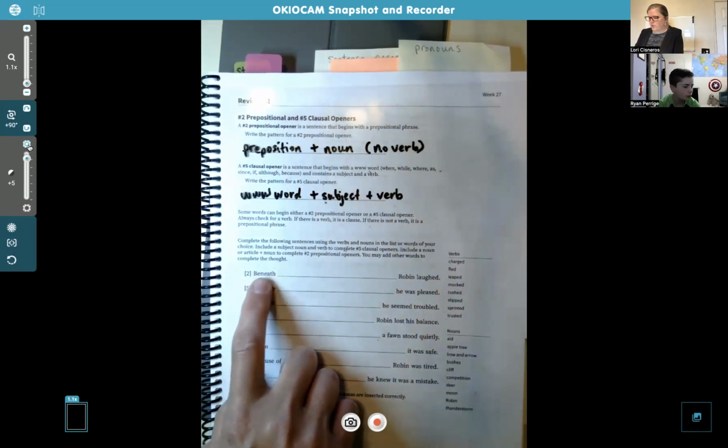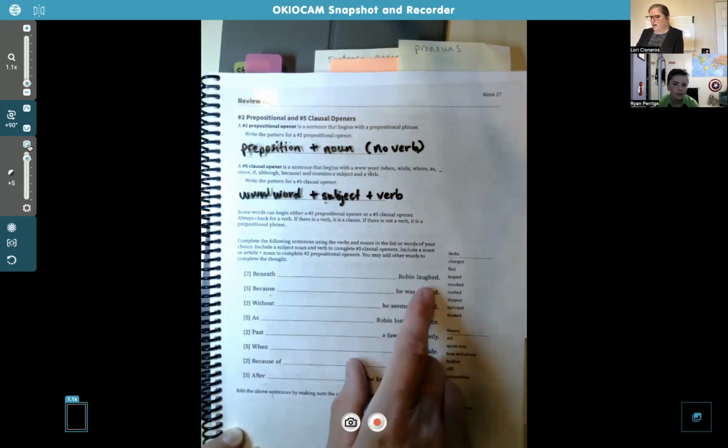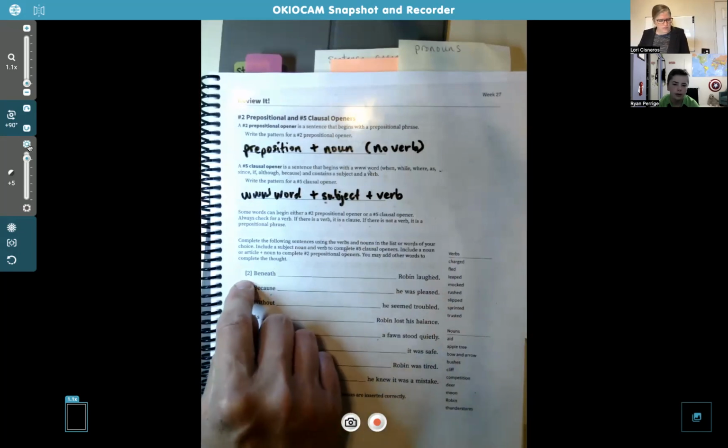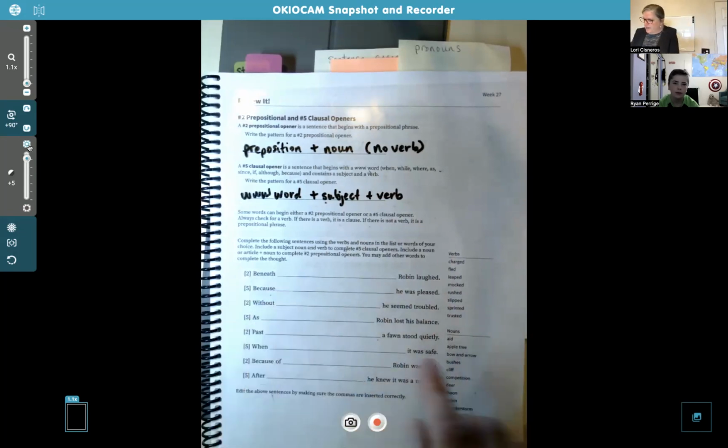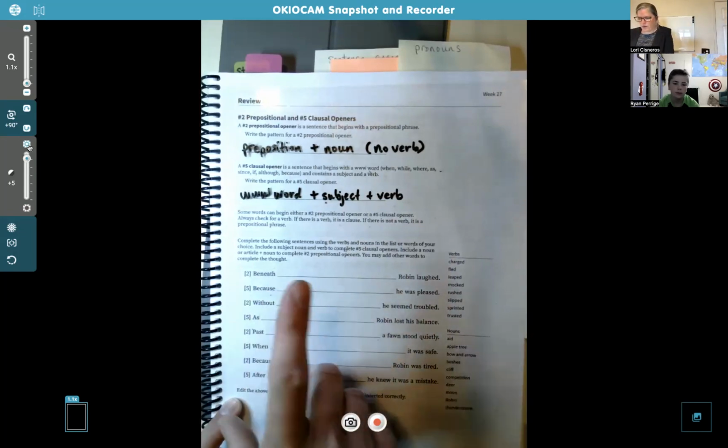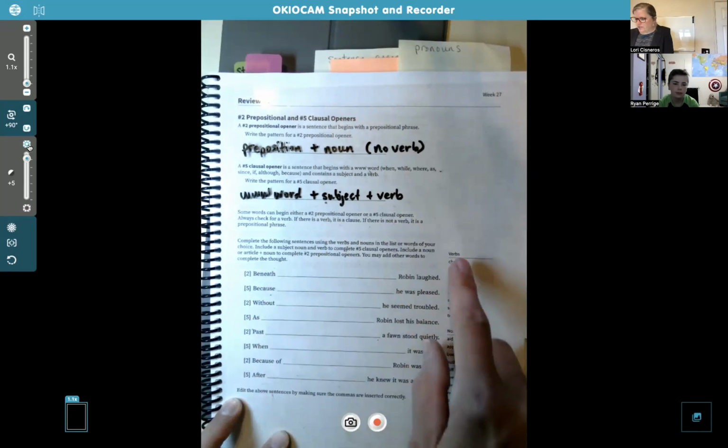So the first one, beneath blank, Robin laughed, and it's a prepositional phrase opener. So an example would be picking a noun, because remember the prepositional phrase does not have a verb.